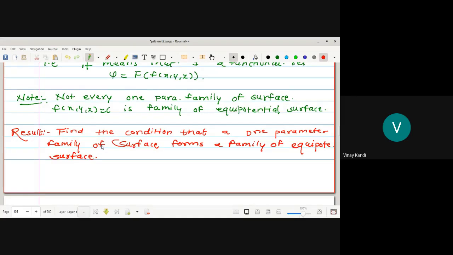So we have to find here the condition that the family of surface forms a family of equipotential surface.